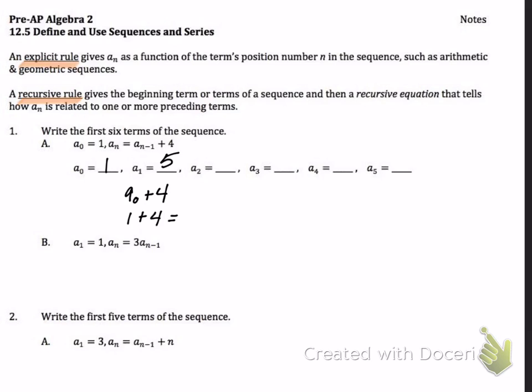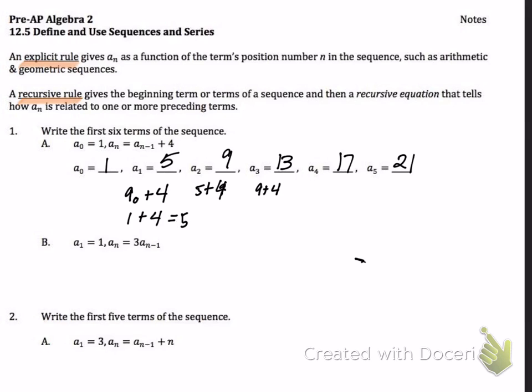So what could you predict that the next term would be? 5 plus 4 is 9. And then 9 plus 4, 13. Then the next one would be 17, and the following one would be 21.